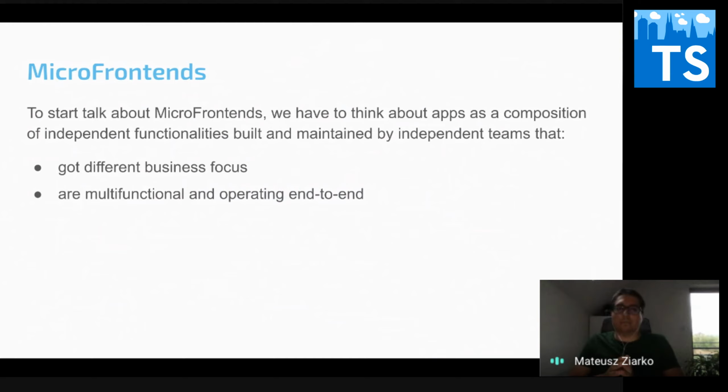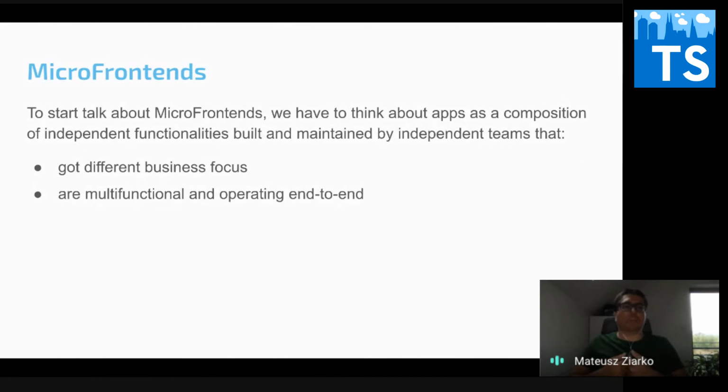We have to think about composition of the functionalities, because we are going to build some kind of a wrapper that is going to expose one after another functionality, probably, and this is really recommended, build it and maintained by fully independent teams.